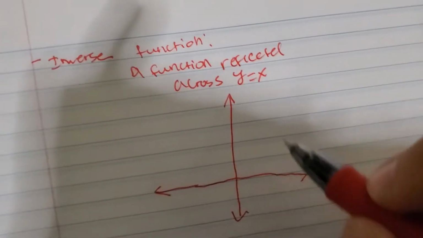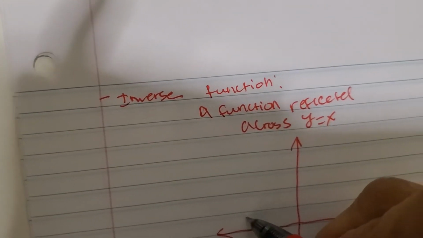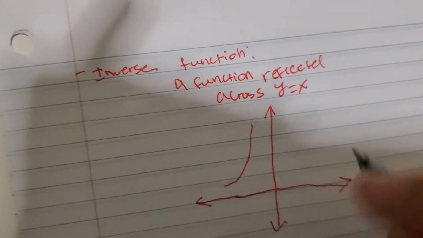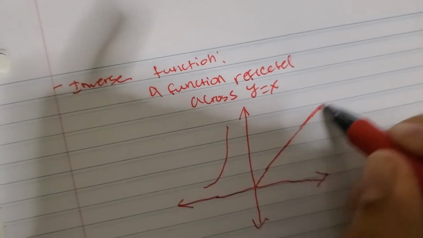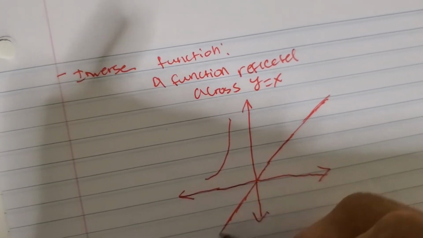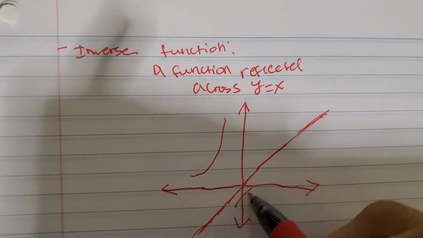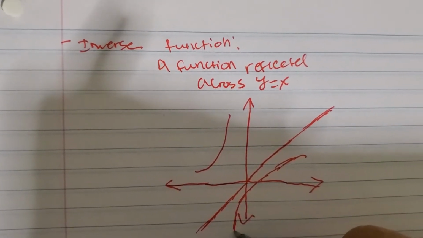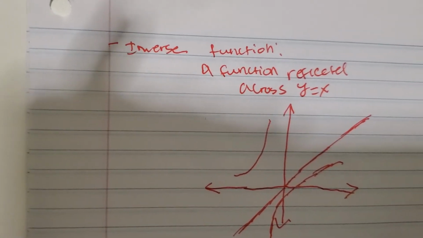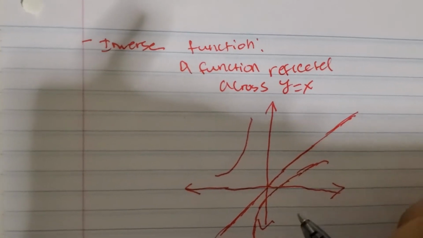But pretty much, say we have a curve right here. We're going to take that curve and reflect it across, make a mirror image across this line, y is equal to x, and we get something like this in this quadrant here.